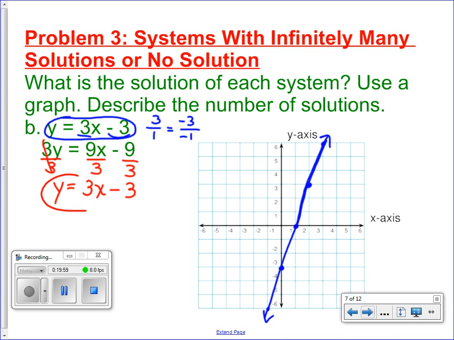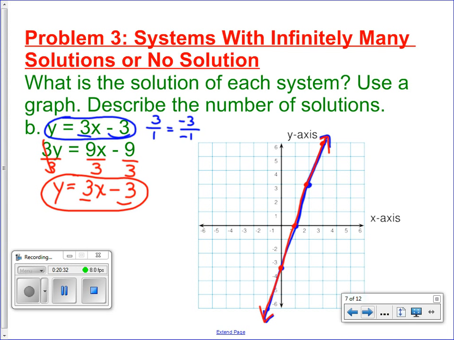So I'm going to graph this line in red. And you'll notice it's exactly the same now. I have a y-intercept of -3, which is right here, and a slope of 3, or 3/1. I'm going to kind of draw it to the side so that you can see it's just right on top of this blue line.